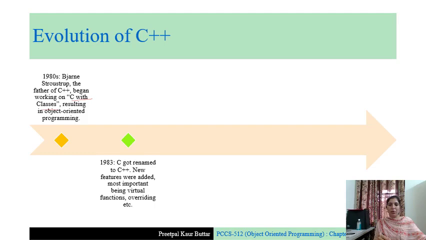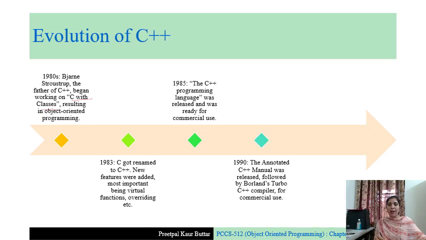New features were added to it, the most important being virtual functions, overriding, etc. In 1985, the C++ programming language was released and was ready for commercial use. In the 1990s, the annotated C++ manual was released, followed by Borland's Turbo C++ compiler for commercial use. In mid-2011, C++11 was completed and released.